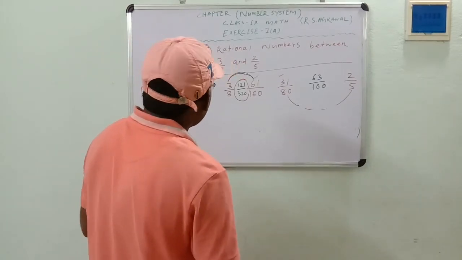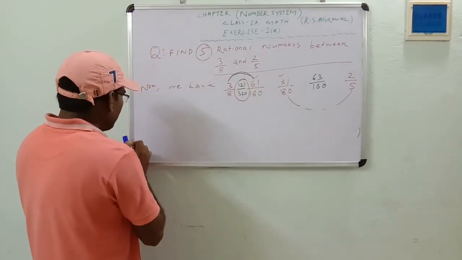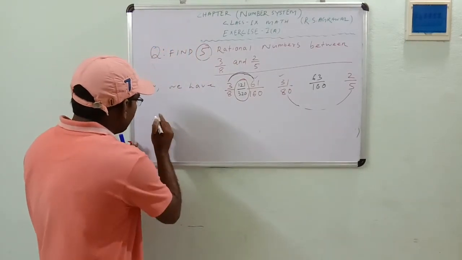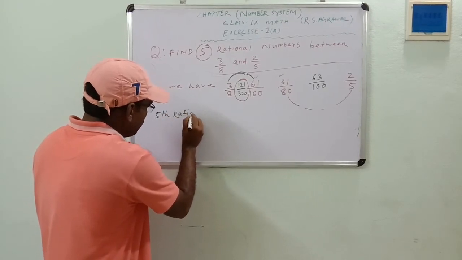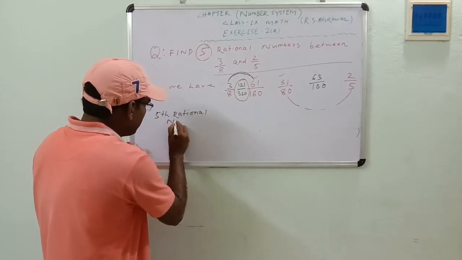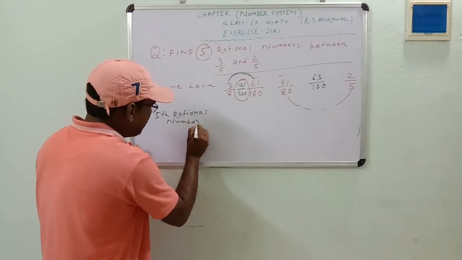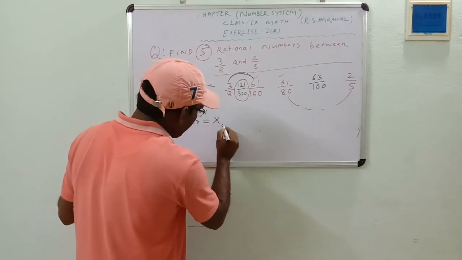So students, now the fifth rational number, that is x5. Suppose you consider it as x5.